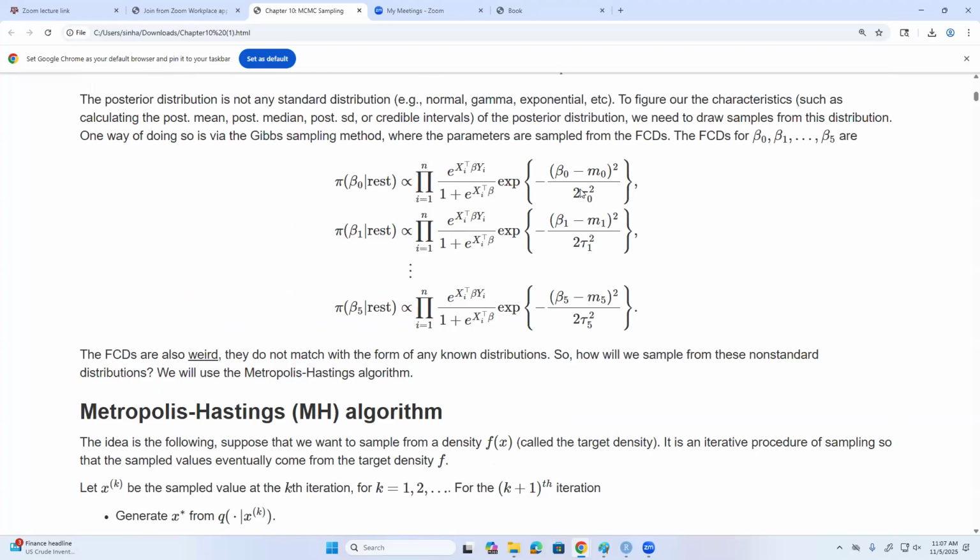So keep in mind, when we write our Metropolis-Hastings algorithm, our target density is this guy. The target density is the full conditional distribution. Because I'm not able to sample from this full conditional distribution, I'm taking help of the Metropolis-Hastings algorithm.